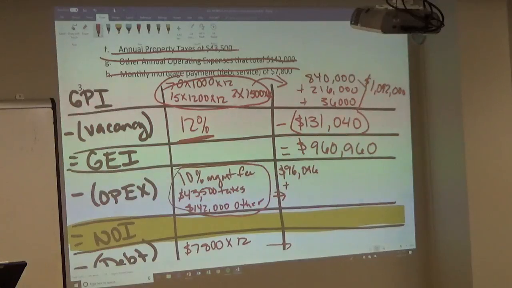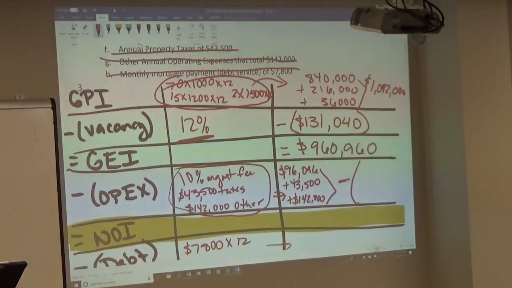Plus we've got $43,500 in taxes, and plus we've got $142,000 in other operating expenses. So that's going to give us together what our operating expenses are, and we know they're a minus, we subtract them.